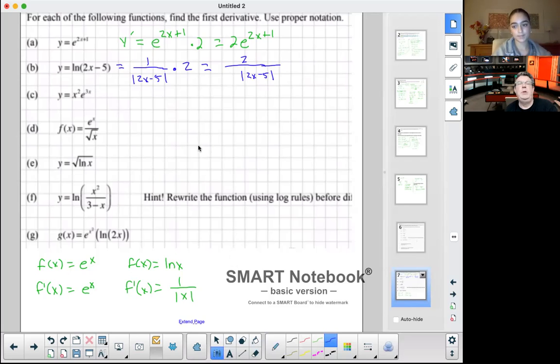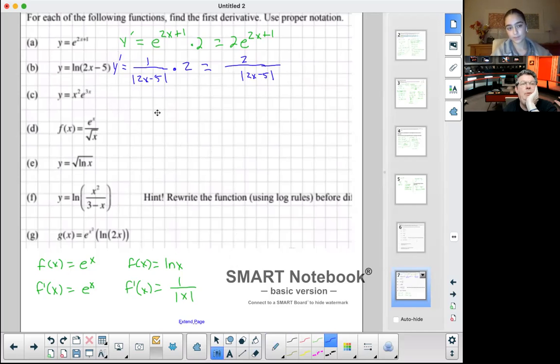Here comes your moment to shine. Do I need to do the chain rule twice? Well, the first rule we have to do is the product rule, because I have 2 different functions.